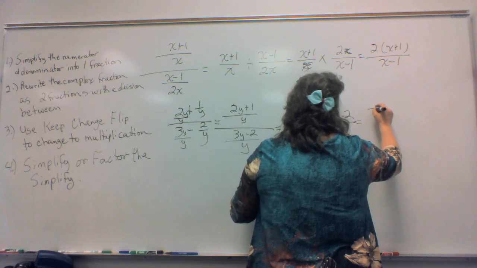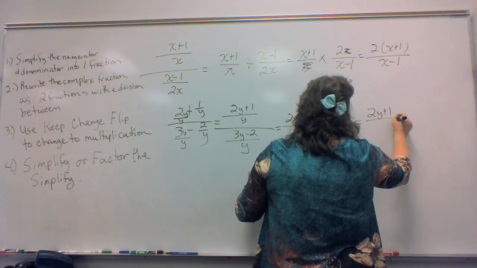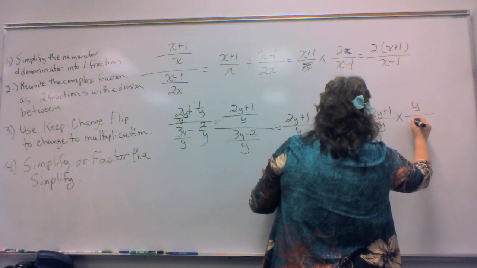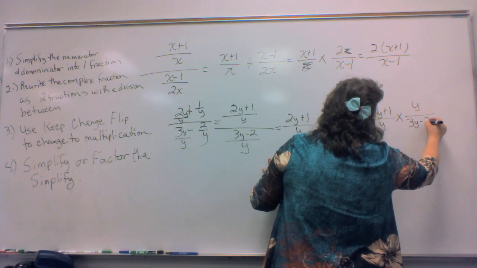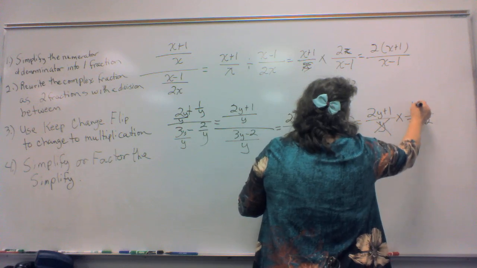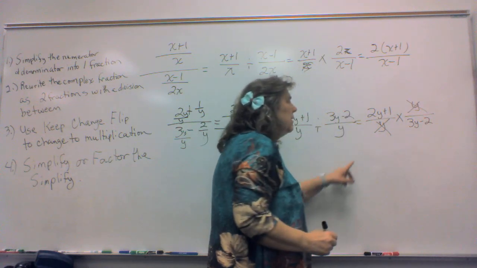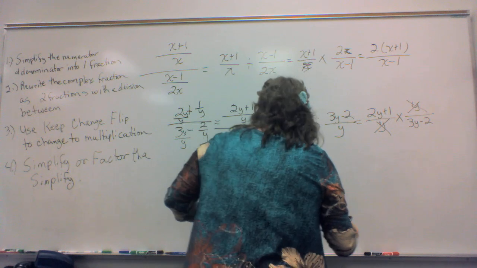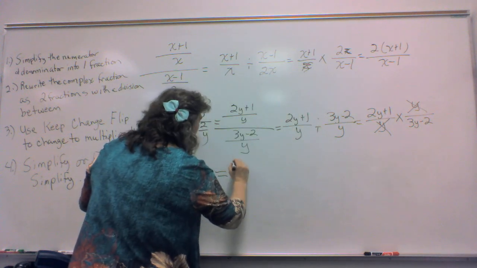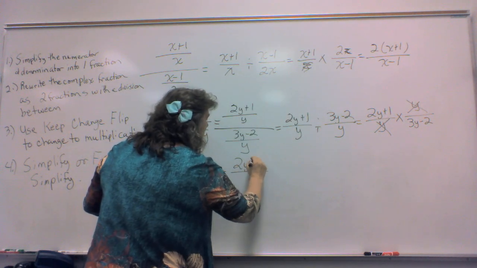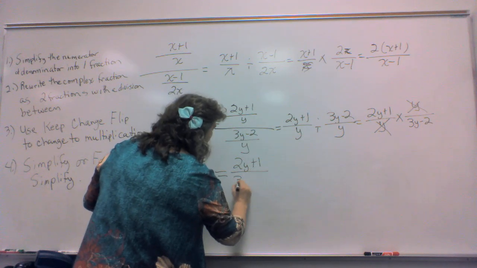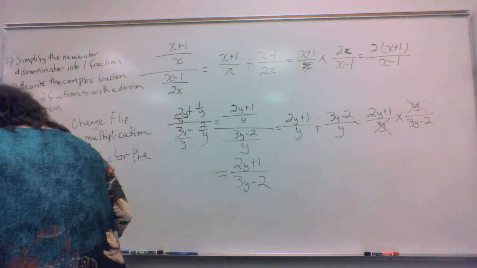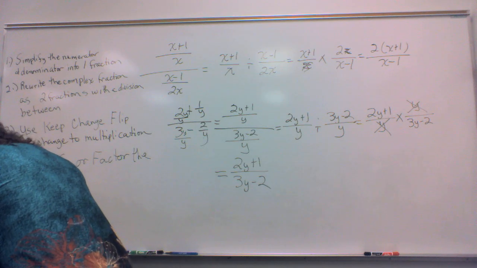So we will have 2y plus 1 over y times y over 3y minus 2. Simplify by eliminating common factors, and you are left with 2y plus 1 over 3y minus 2. And that does not factor or simplify any more than that.